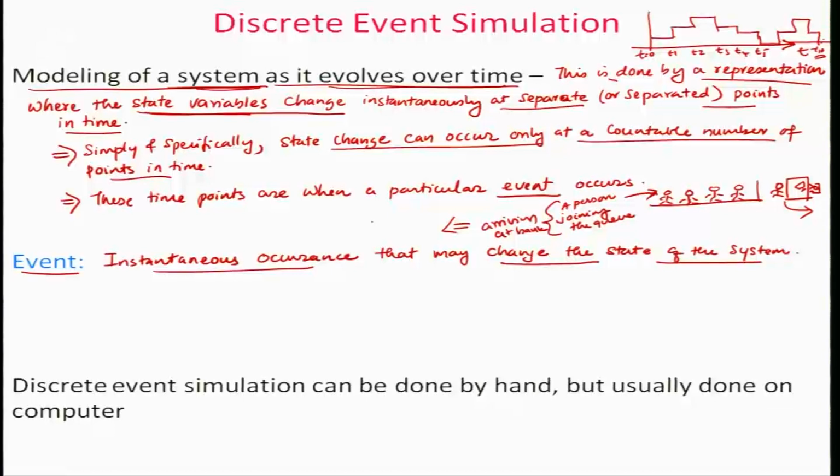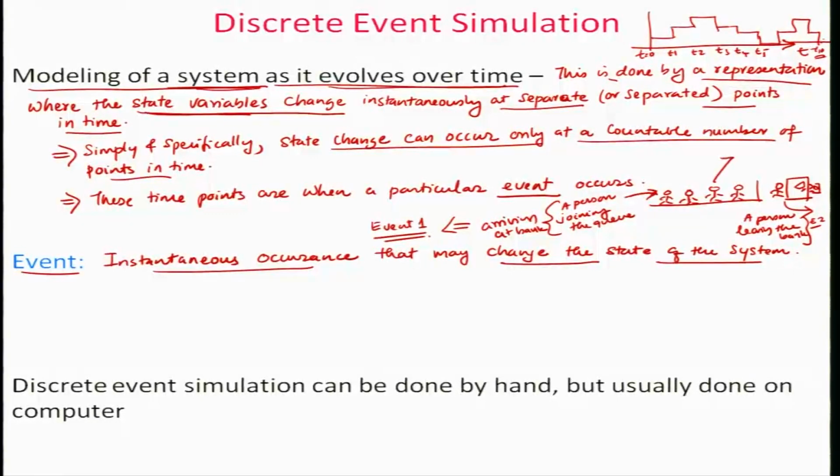This translates to an event. Event 1. Another example of this is a person leaving the bank. This is another event. Event 2.